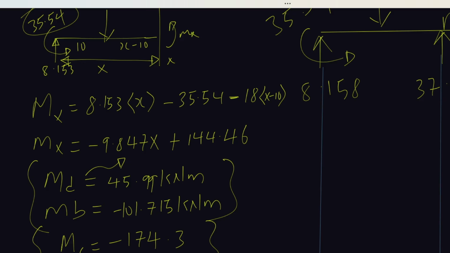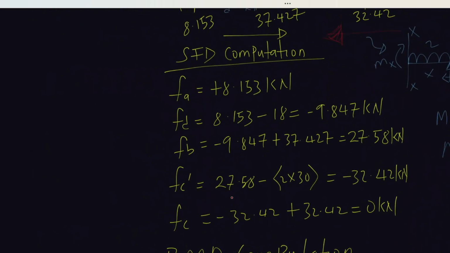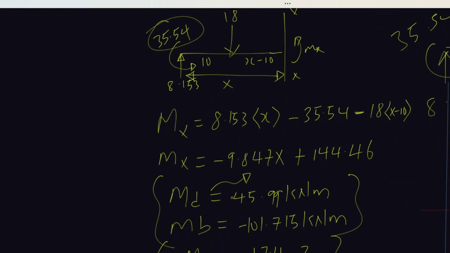Similarly, using red as my line, you see that FA plus 8.153 boosts it, and it remains 8.153. So it goes all the way constant up to here.